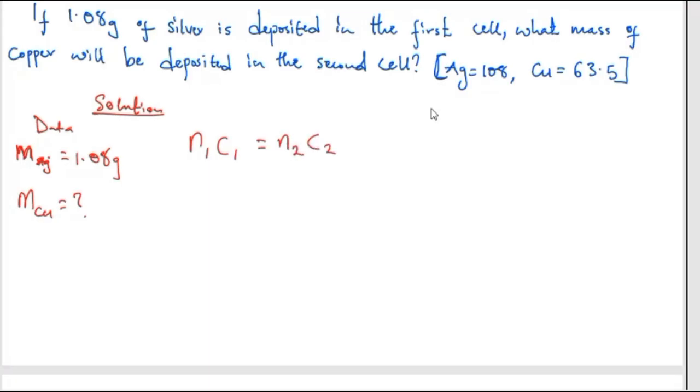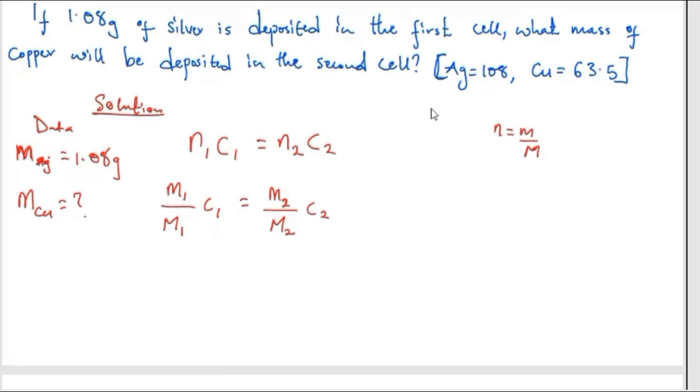But they did not give us our amount in mole, but they give us mass. And I know that my N is equal to mass over molar mass. So what will I do? I will say my M1, which is mass 1 over the molar mass of the first substance, times C1 is equal to mass 2 over molar mass of the second substance times the charge of the second substance.